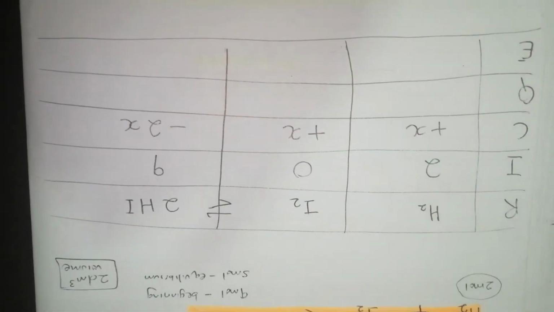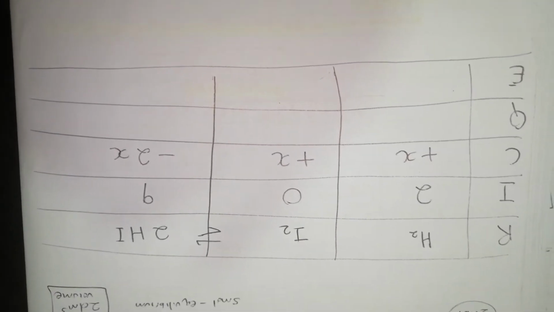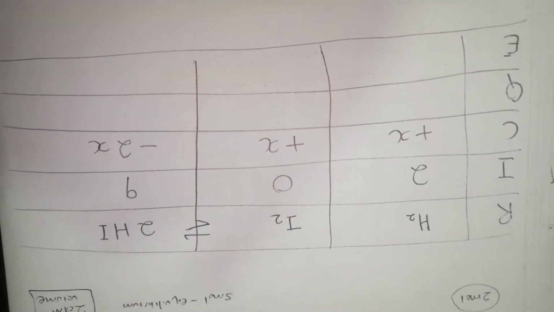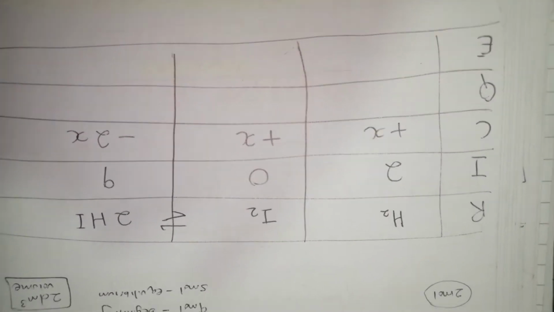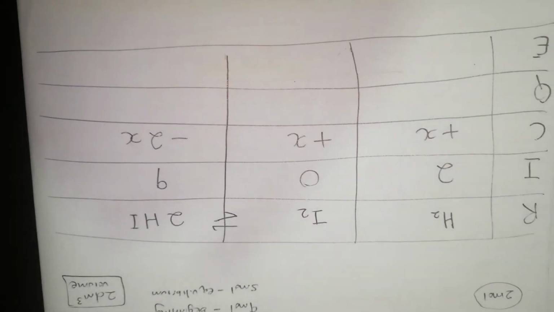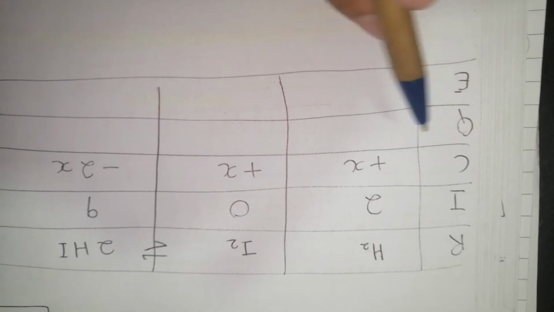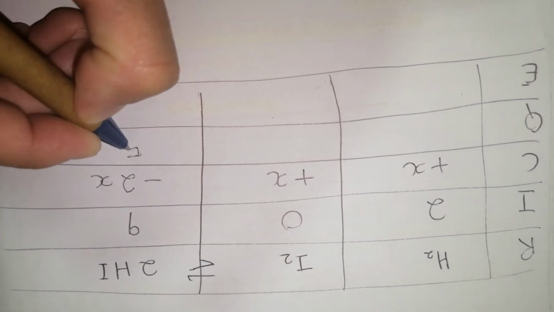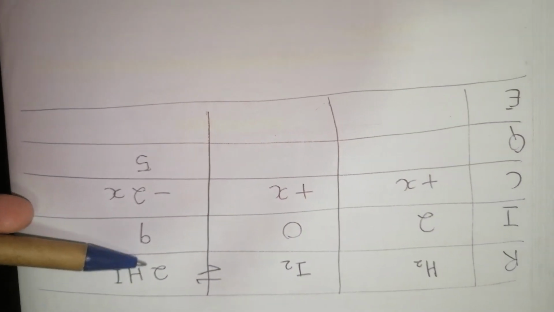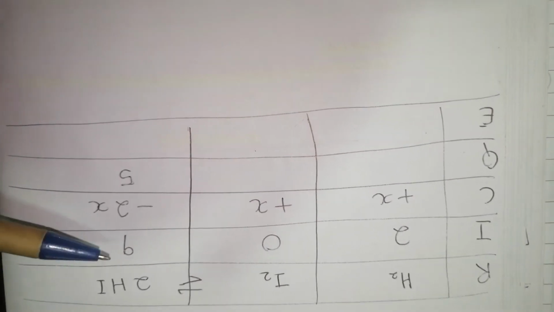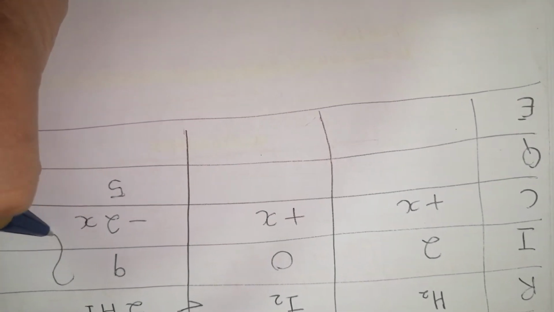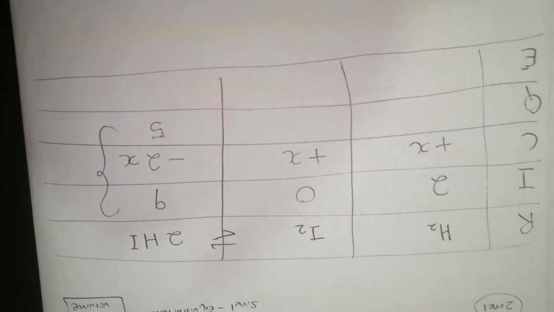Right, now we need one more missing piece of information so we can actually calculate x. What they told us is, at equilibrium you now have 5 moles of HI. So they're telling us the moles at equilibrium of HI is 5. Because now we have all of this information for HI, we can use this here to calculate x. So we're going to take it directly from the table.